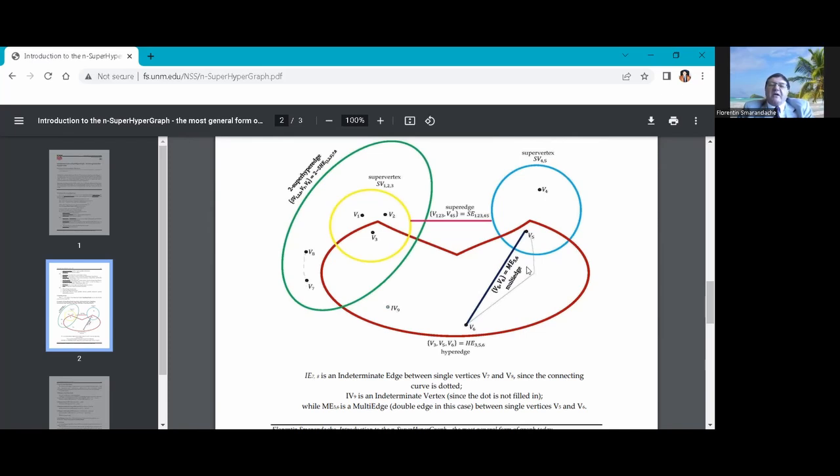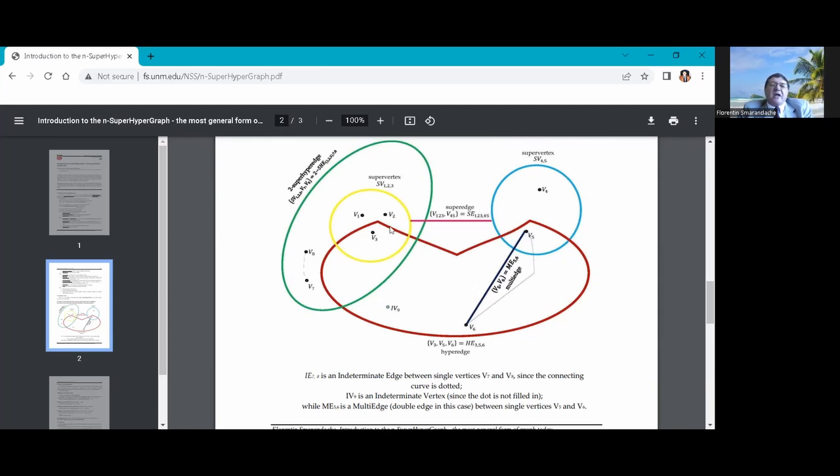Now, we may consider also multiple edges, for example, between V5 and V6. This is an edge, but we have also another edge. So we have multiple edges.